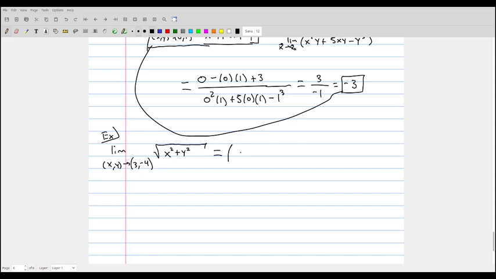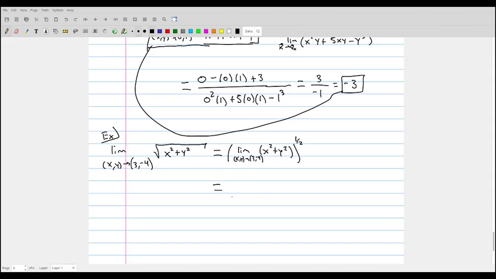This will be the limit as (x, y) goes to (3, -4) of x squared plus y squared, all to the 1/2. This is applying the root limit law, and then you have the sum limit law and the power limit law you can apply.